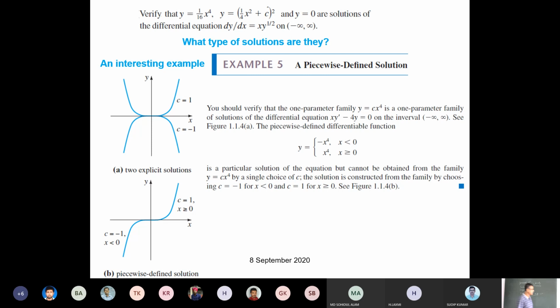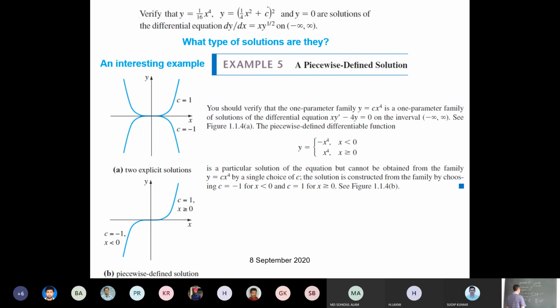So let us get back to our last example. As you can see in the slide, you were told to verify that y equal to x to the power 16 is a solution of the differential equation dy/dx equal to x y to the power half. This can be easily verified.